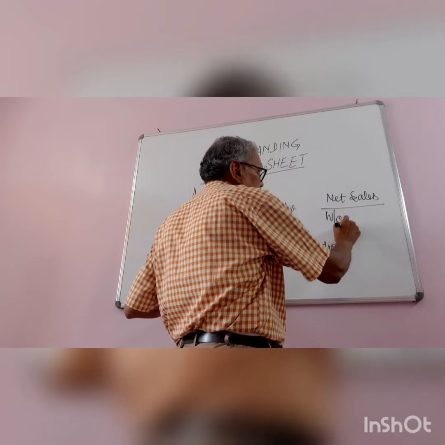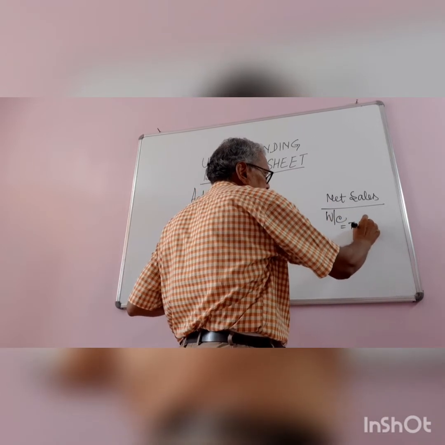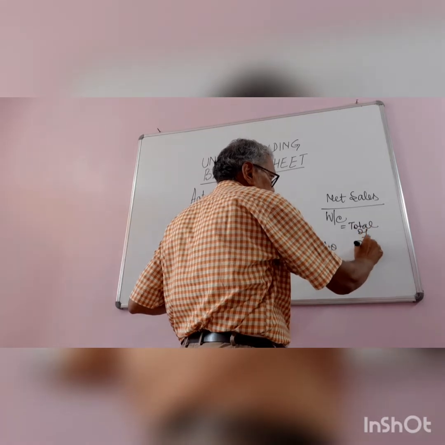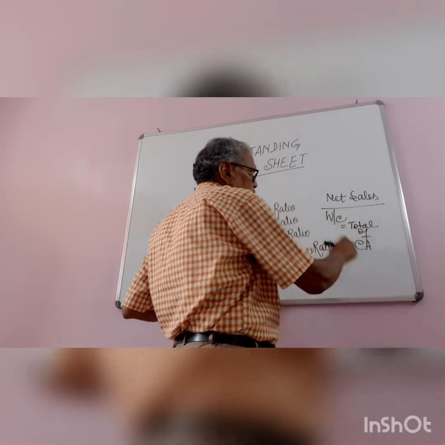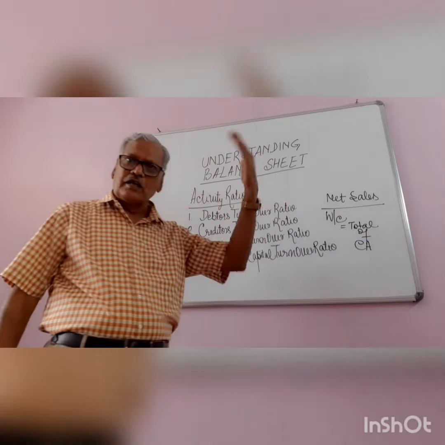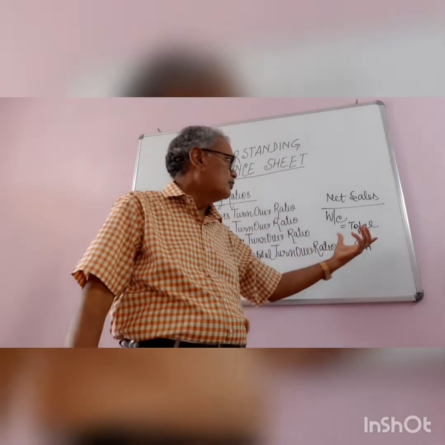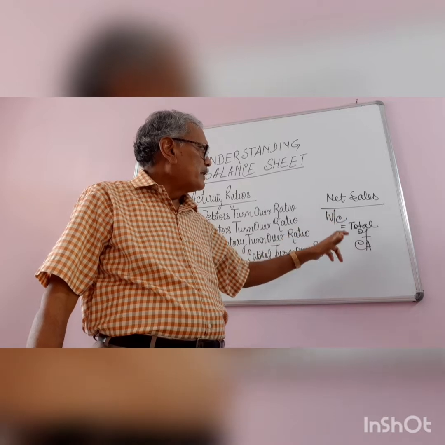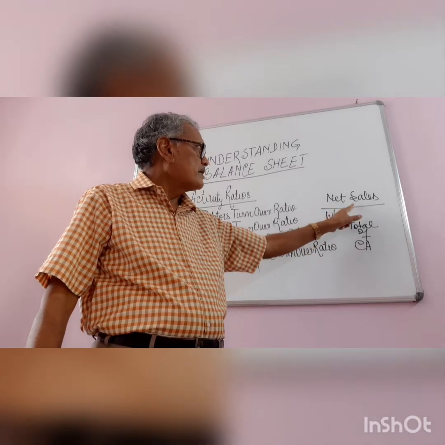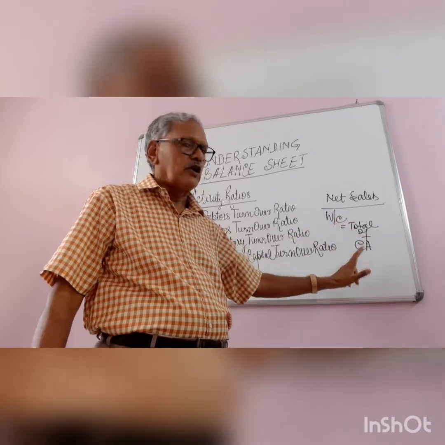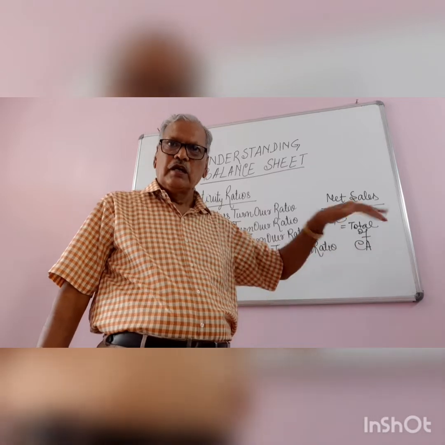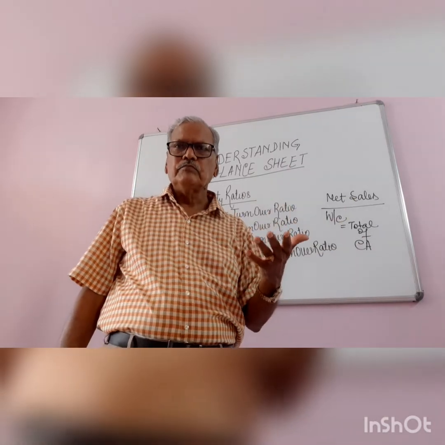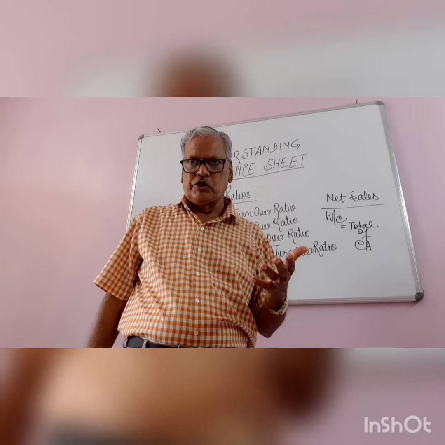Working capital here means the total of current assets, or you can say it is your GWC. Earlier I have already explained it to you, your GWC. So net sales divided by working capital, meaning total of current assets or GWC, will give you the working capital turnover ratio.